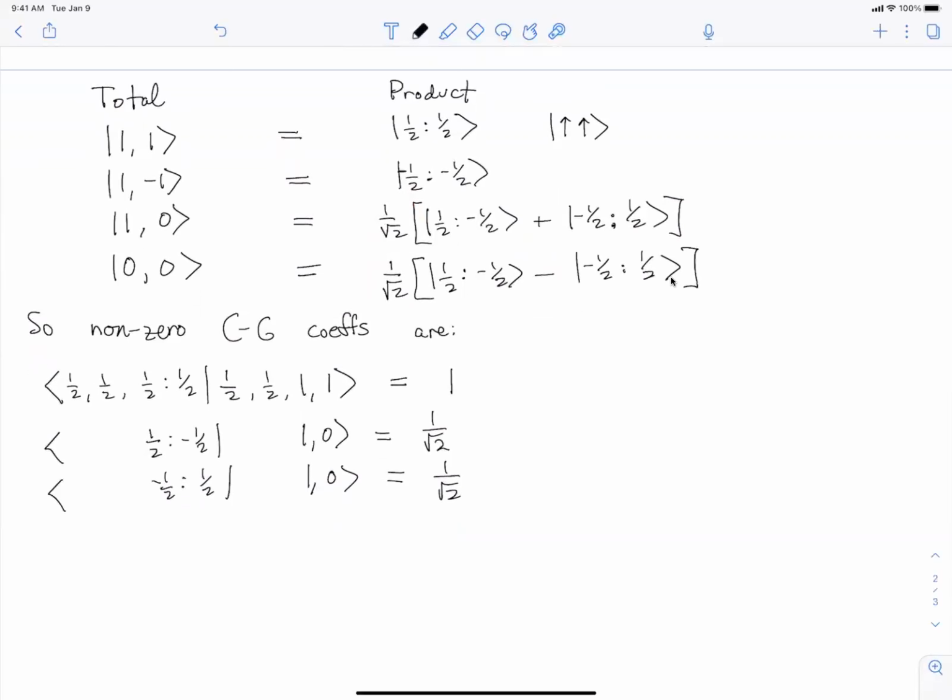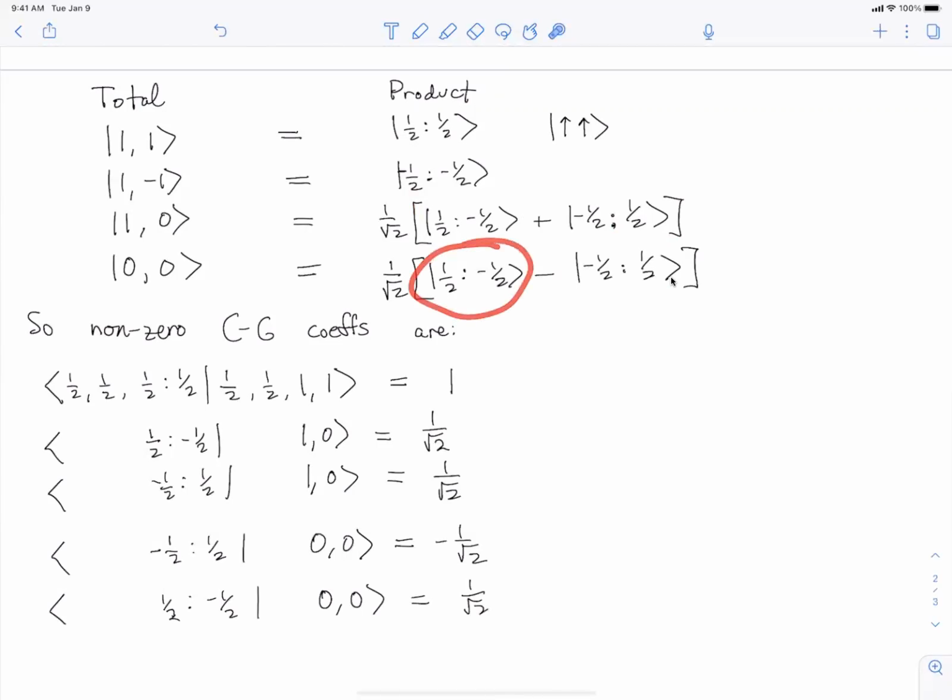And then we can do -1/2, 1/2, 0, 0. That's equal to minus 1/√2, from here. And 1/2, -1/2, 0, 0 is plus 1/√2.